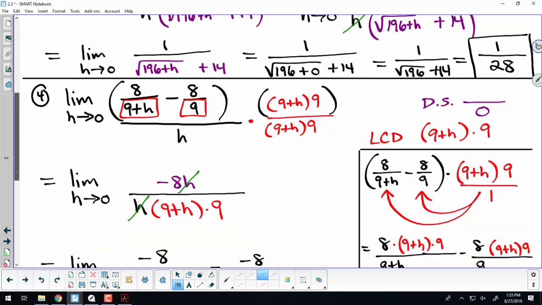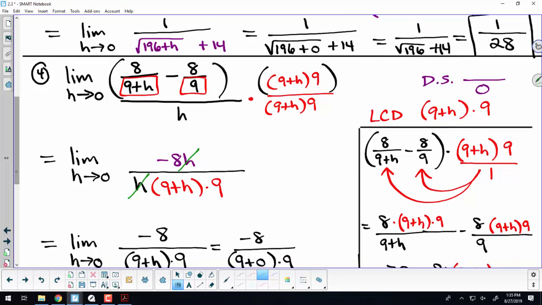So the 9 plus h times 9 had to be distributed to both terms in the numerator. So here's the 9 plus h times 9 distributed to this 8 over 9 plus h, well, times 1, because we had this over 1, right? And then here, the second part is the 9 plus h times 9 over 1 times the negative 8/9.